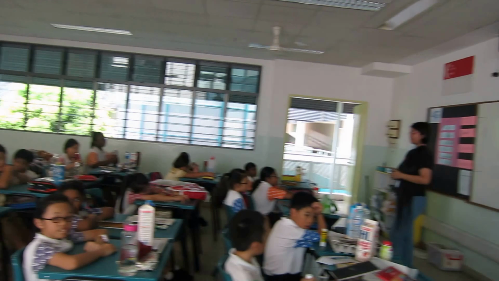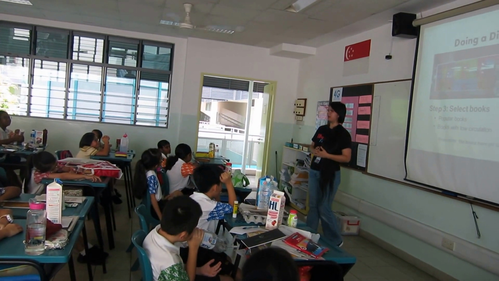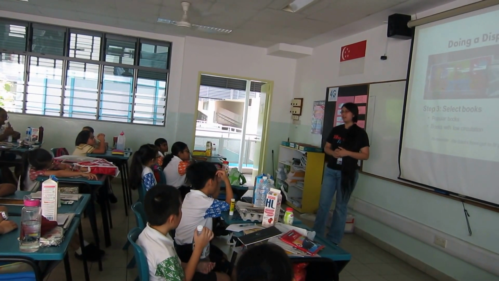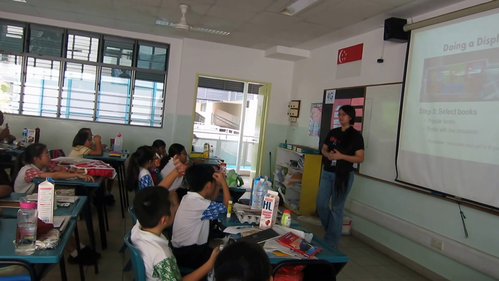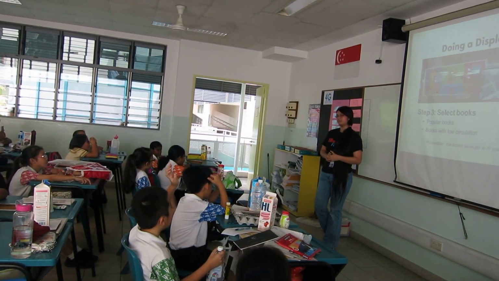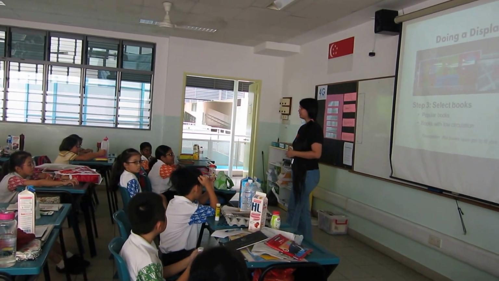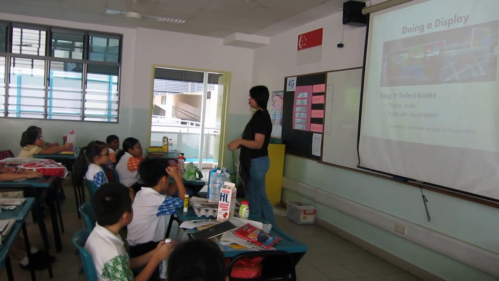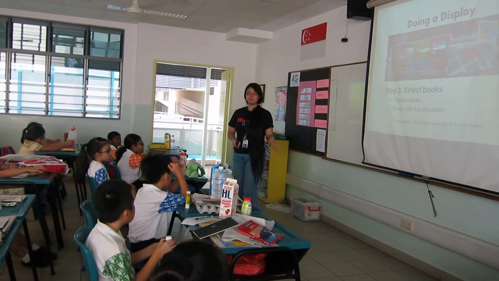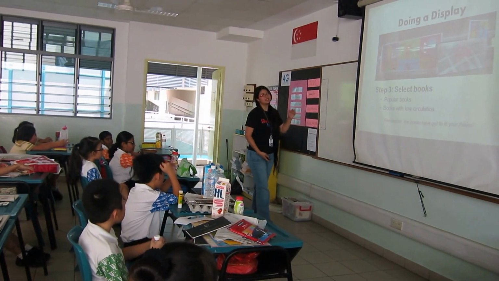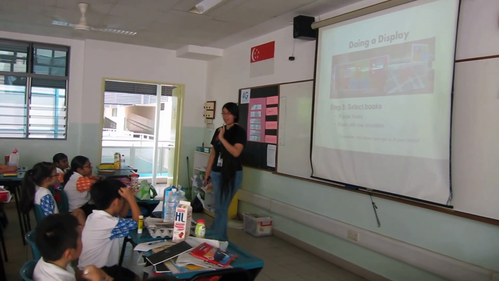Okay. Then if you're doing a book display about the Titanic, are you gonna put stories about beavers? The Titanic is in the middle of the sea. You cannot live in the middle of the sea. Right? Okay. So you must make sure that the books have to fit your theme, alright?